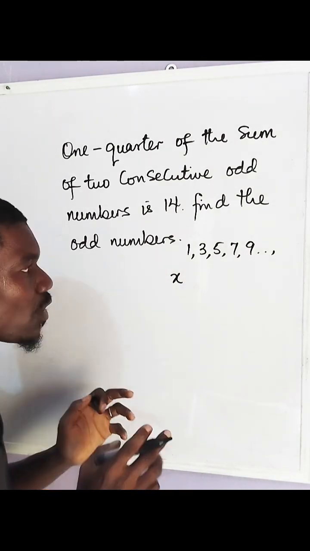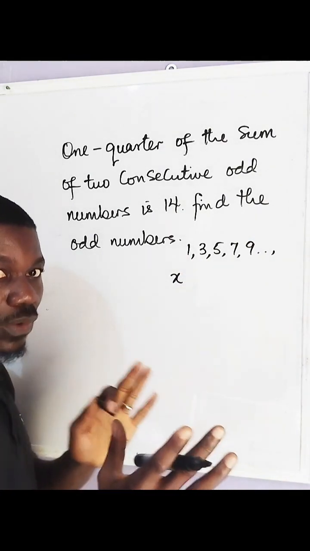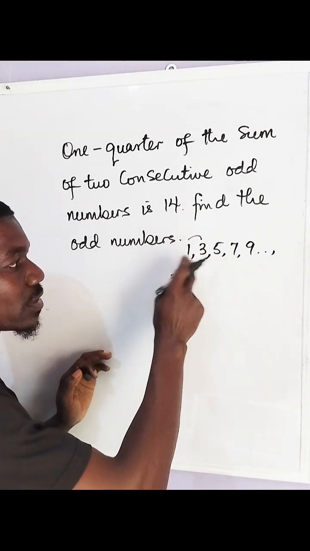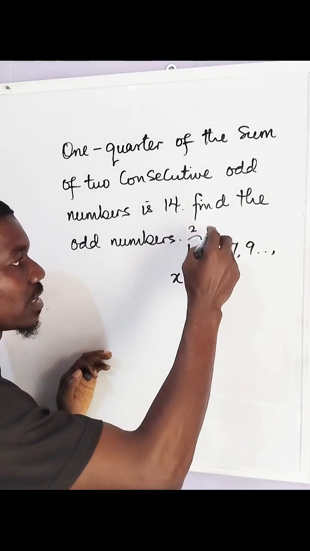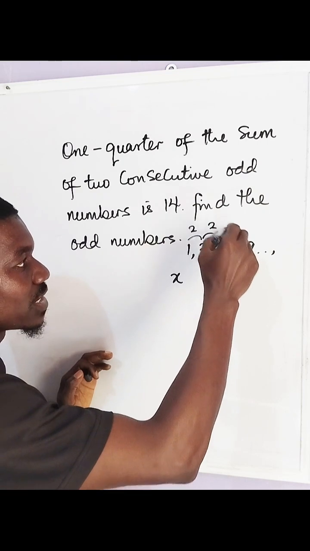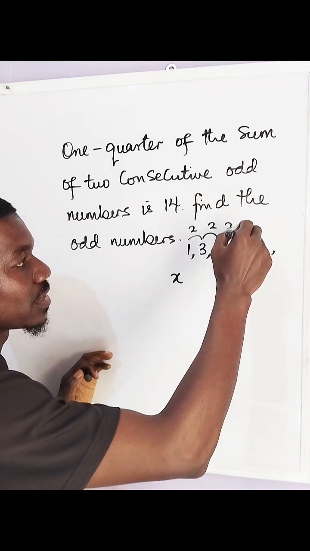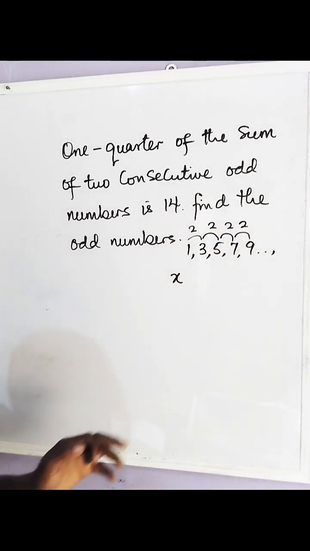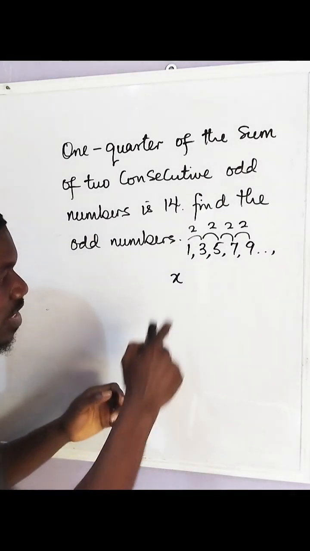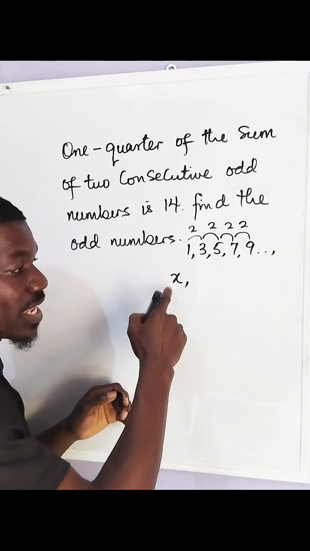Before that, what is the difference between them that gives them that consecutive pattern? The difference between 1 and 3 is 2, between 3 and 5 is 2, between 5 and 7 is 2, and between 7 and 9 is 2. So their difference is 2, 2, 2, 2.